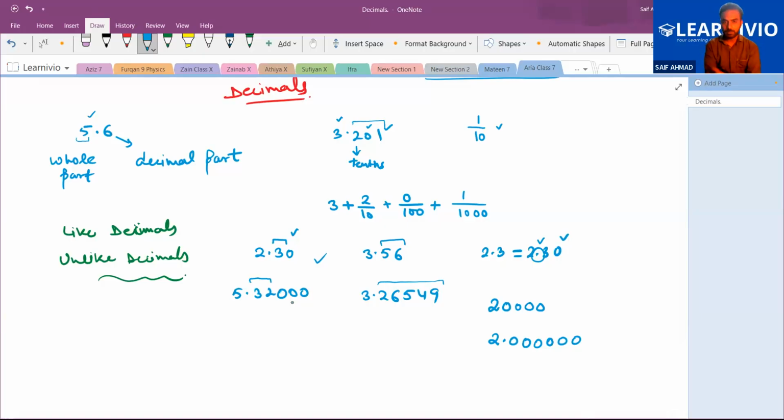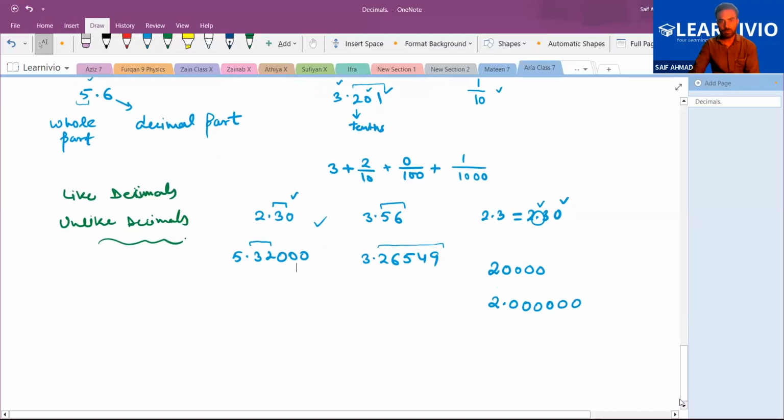It is necessary for adding and subtracting decimals. For example, we have to add 5.32 plus 3.26549. How do we add? First we make like decimals. Now we put them in a column like this. The decimal points should be in the same column.